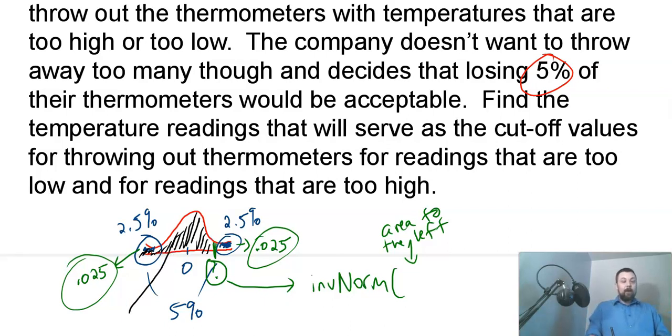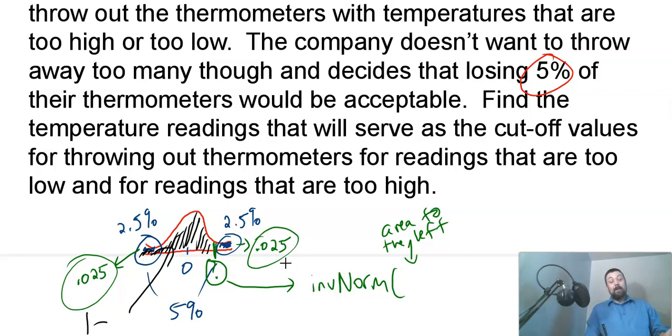And to find that area, it's going to be 1 minus the area to the right. It's a complement, right? Either the thermometers will have readings less than this particular value or greater than it. And so the probability of having a thermometer temperature reading less than this number is 1 minus the probability that it's greater than that number.